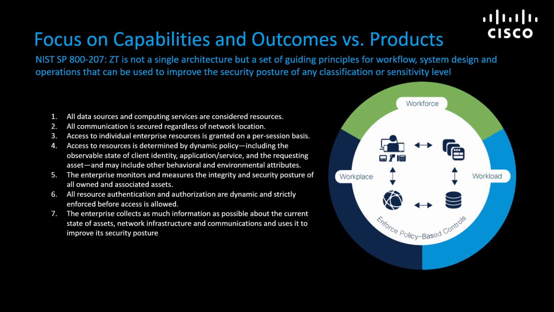Now, again, I'm just going to come back to NIST 800-207: zero trust is not a single architecture, or in that case, a product, right? It's a guiding set of principles. And so you've got the 3 W's: workforce, workplace, workload. And so you can see where they're certainly core to zero trust and how they help support those 7 initiatives to drive out that zero trust outcome, but also how important those complementary technologies are.